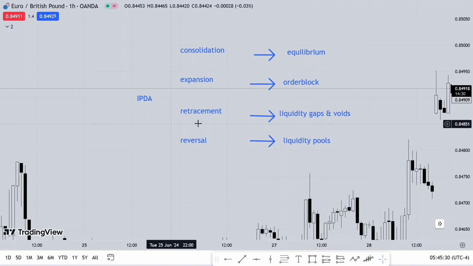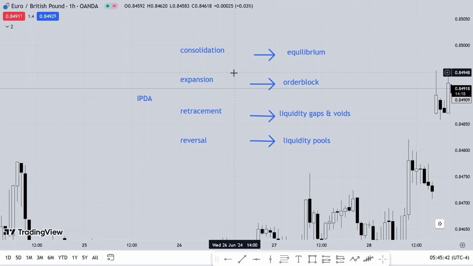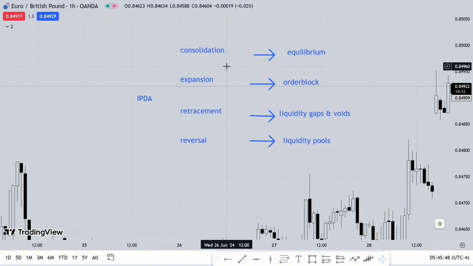It only does one of these 4 things, and once you have identified what phase the IPDA is currently executing, you can then understand what institutional order flow pattern you are to use in that phase of execution.